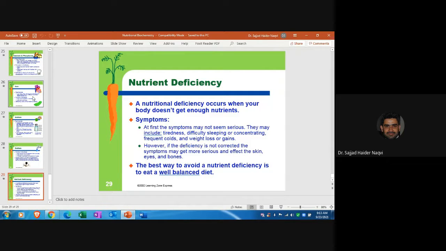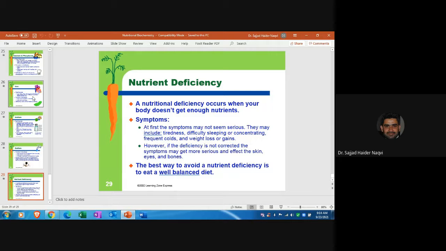Of course, if there is a disturbance in that, that will lead to nutritional deficiency. A nutritional deficiency occurs when your body doesn't get enough of the nutrients it requires. And there could be many symptoms. Some of them, at first, may not seem very serious, but if the deficiency goes on for a prolonged period, some symptoms will come up, like tiredness, disturbed sleeping patterns, frequent colds, low immunity, weight loss, or weight gain.